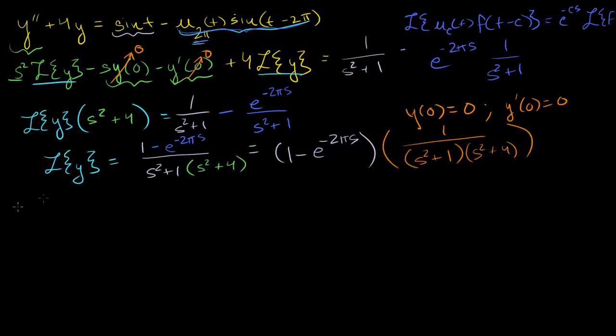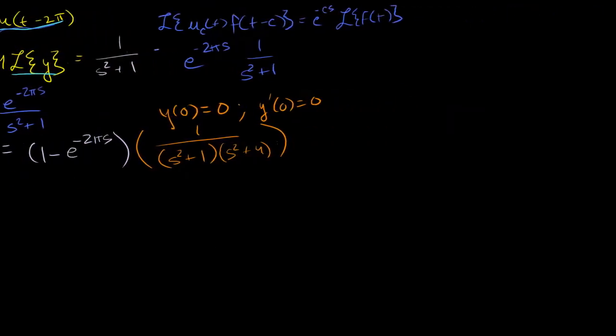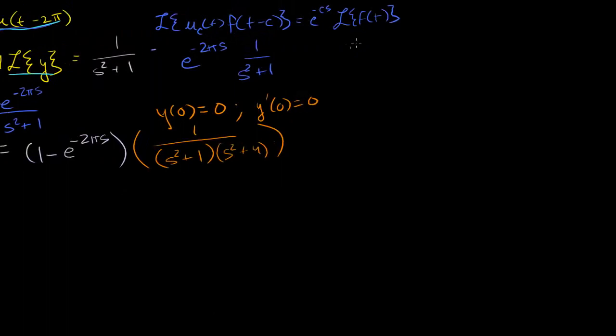So we're going to do this on the side. Maybe I should do this over on the right here. This thing, let me rewrite it, 1 over s squared plus 1 times s squared plus 4 should be able to be rewritten as two separate fractions, with denominators s squared plus 1 and s squared plus 4. With the numerators, this one would be as plus b.